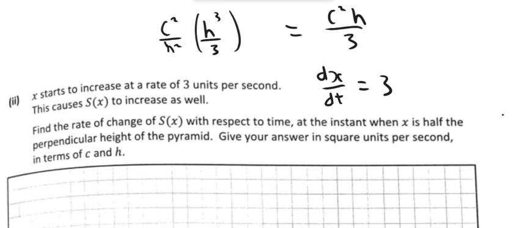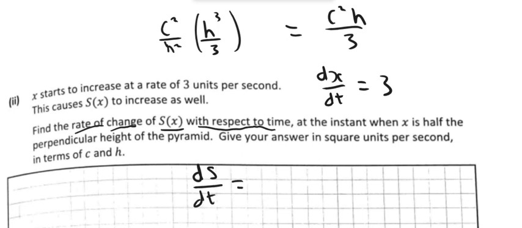So we're looking for the rate of change. So rate, we know it's differentiation of s of x with respect to time. So it's ds in respect of time, so dt.